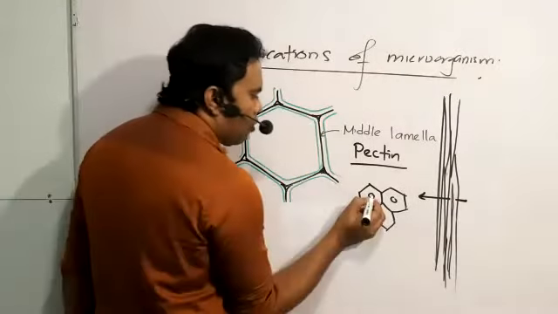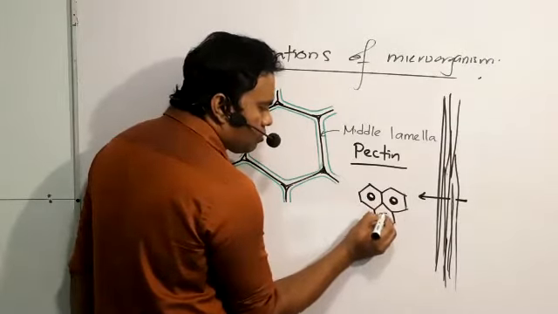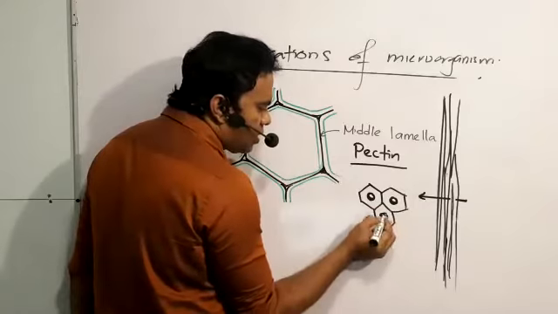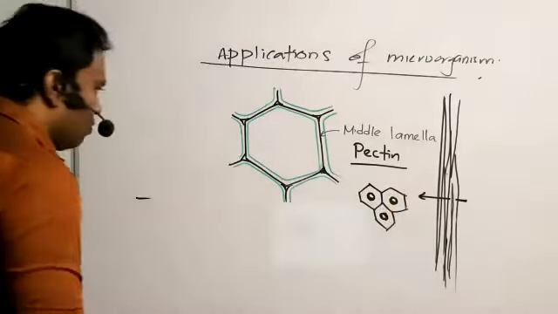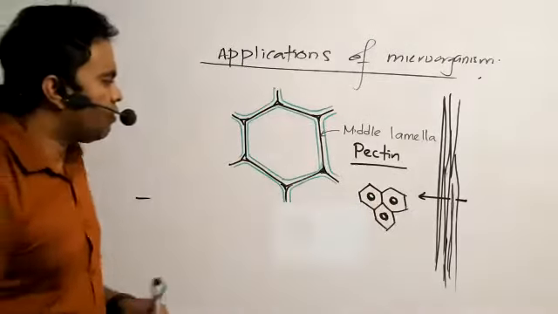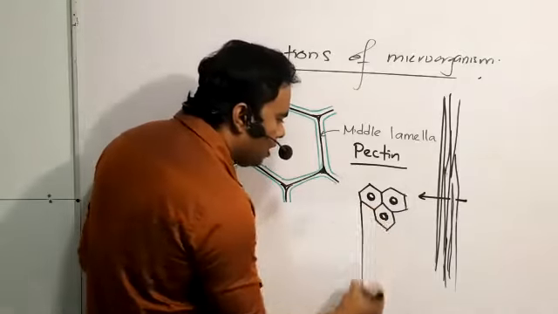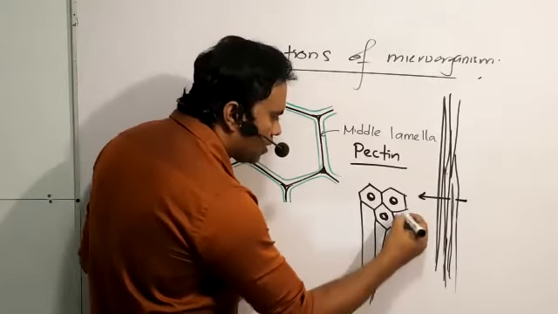Okay. Some of agave plants and coconut husk, it contains these fibers. So, but it is not easy to separate these fibers. If I make this 3D, it's like this.